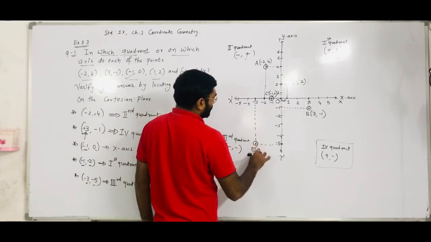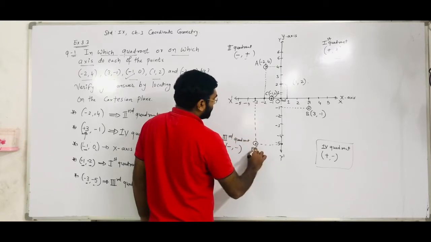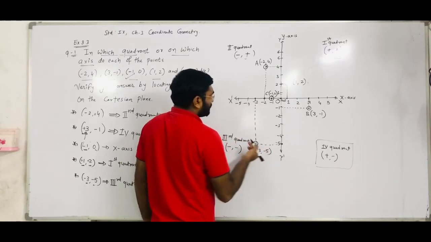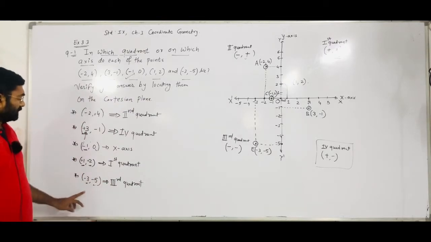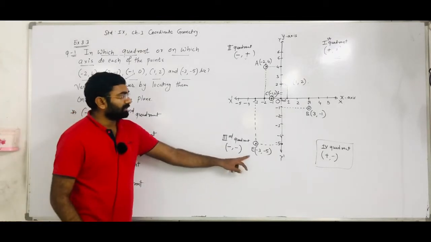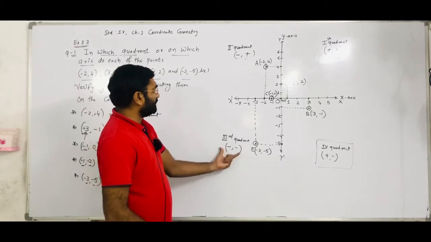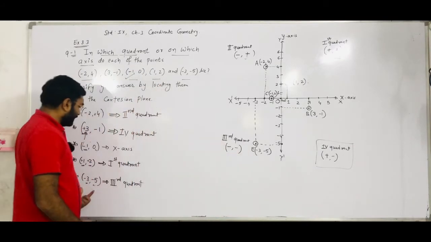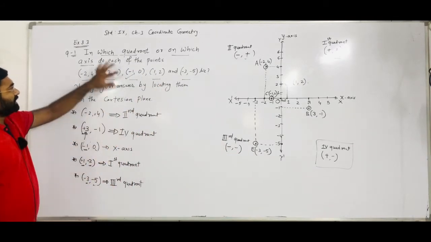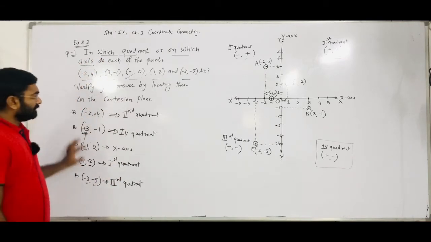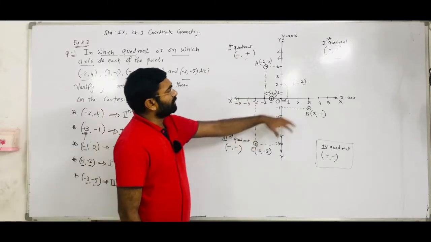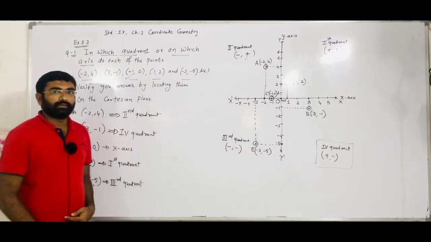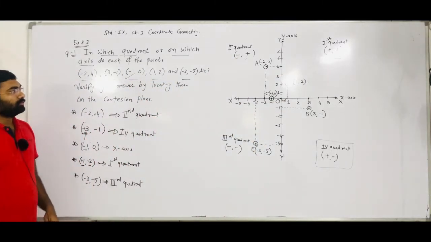Right now I am giving the E point whose coordinates are (-3, -5). Right? So that way we can represent any point on a Cartesian plane, and that E point lies in the third quadrant, as we represent here. Okay, so that way we can represent the points and find in which quadrant or on which axis they lie. Right? So do it that way.